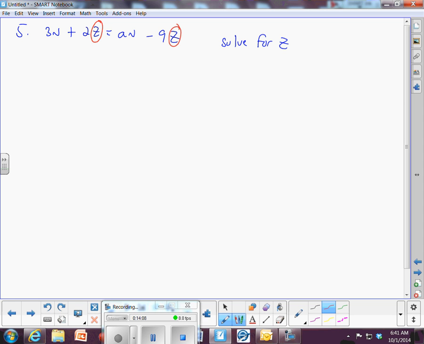How do I do that? On the right hand side, I'm going to add its opposite, positive 9z. On the left hand side of the equal sign, I have to add the same thing, a positive 9z. All right, let's see where we're at. Left hand side, 3n plus, what are you thinking? 11z equals an.